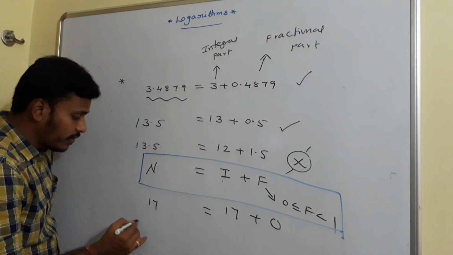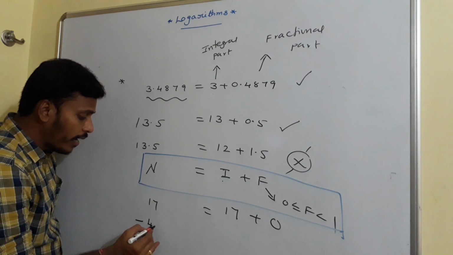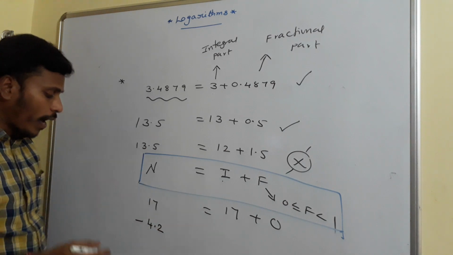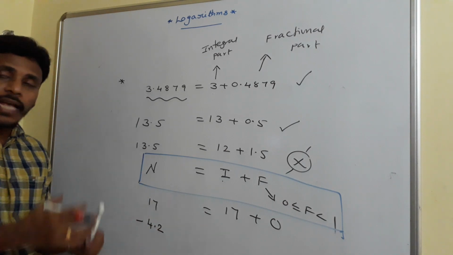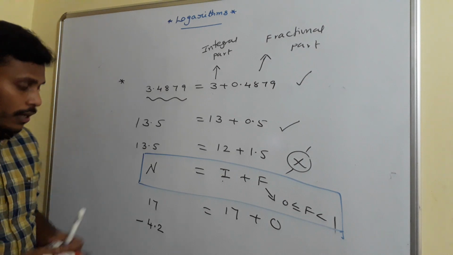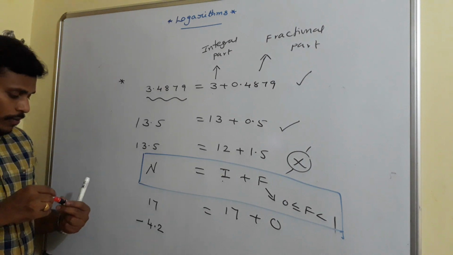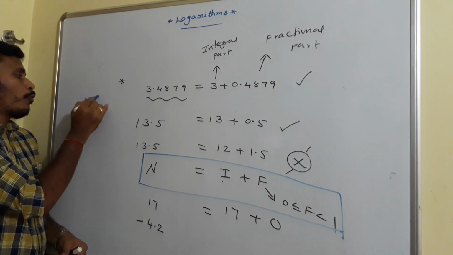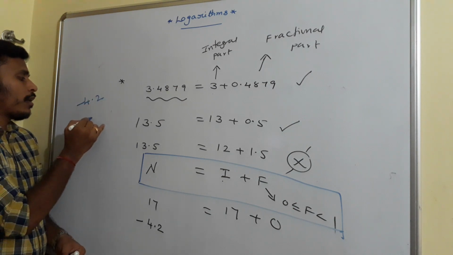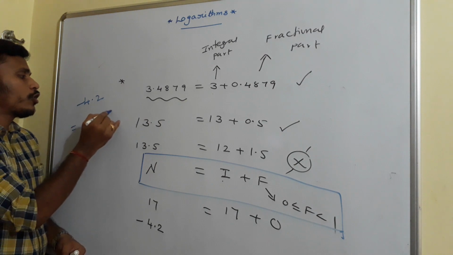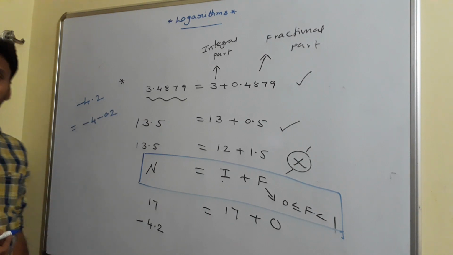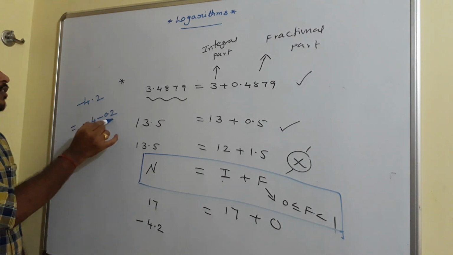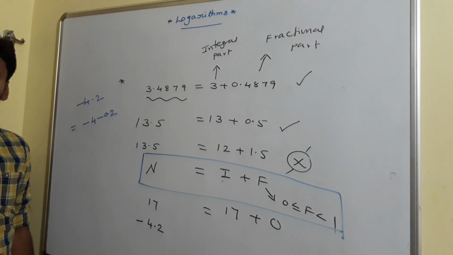I will give you one more example. If you have minus 4.2, how to write this minus 4.2 as a sum of integral part and fractional part? You may write it like minus 4 minus 0.2. Is it right or wrong? Surely right. Minus 4 minus 0.2 is minus 4.2 only.